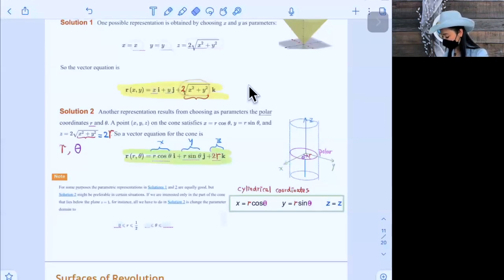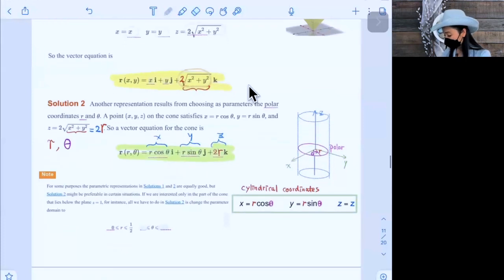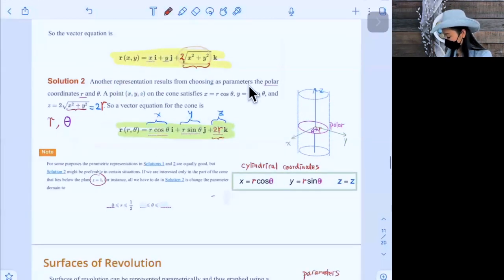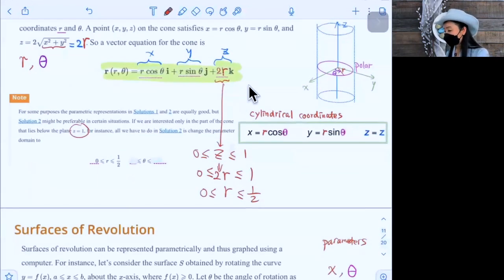Remember the z over here, so z is between 0 and 1. And then remember z is 2r, right? So 2r is between 0 and 1. So r is between 0 and 1/2.